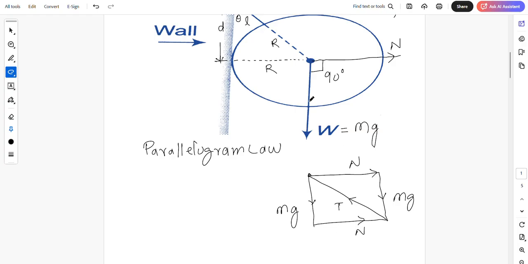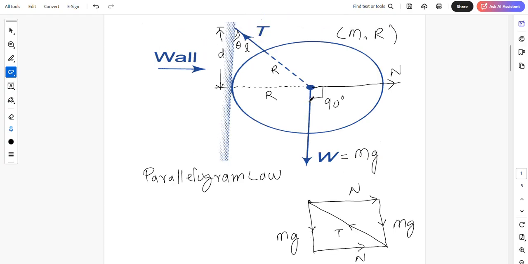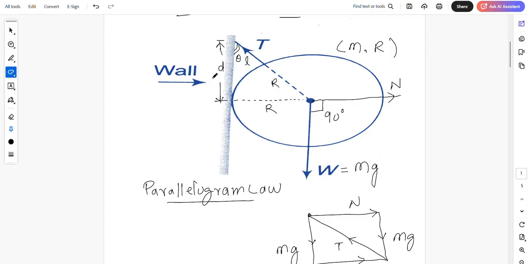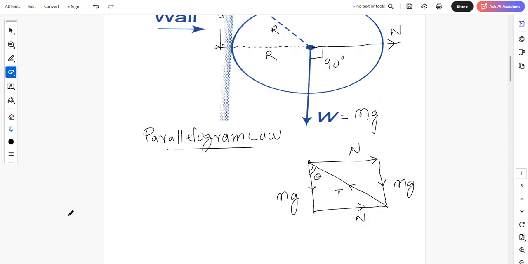Since the system is in equilibrium, the forces are balanced, and two forces are perpendicular, so we can use the parallelogram law that we have seen in the previous videos also. Now this angle with the vertical is theta. Now we can find out the normal reaction and tension.